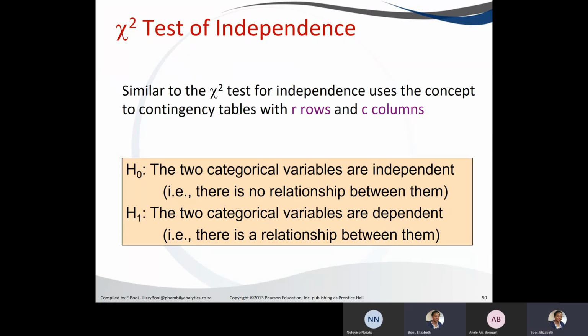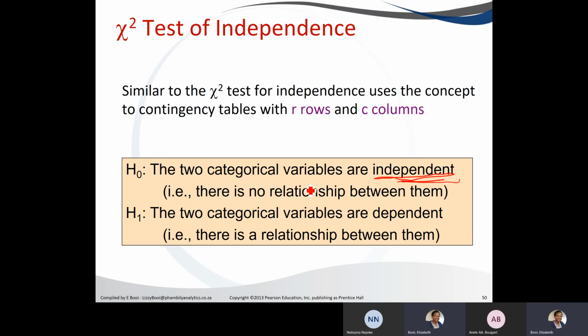And for chi-square test of independence, you always state in your null hypothesis that the variables are independent because we're testing for the relationship between two categorical variables.